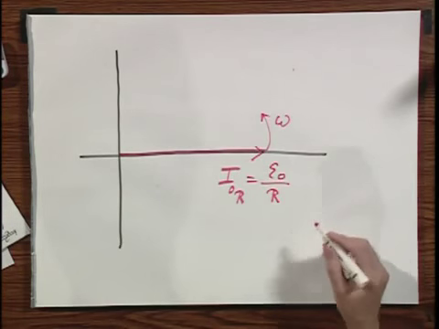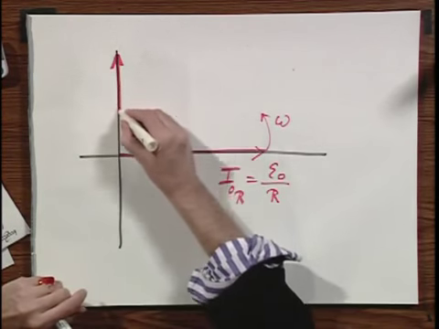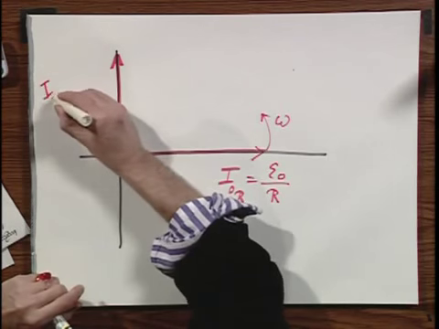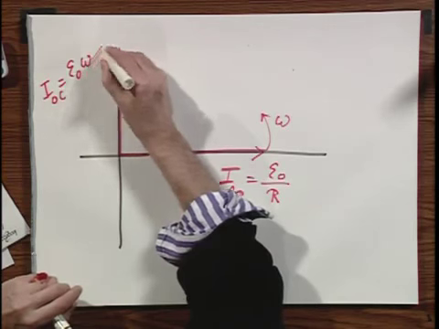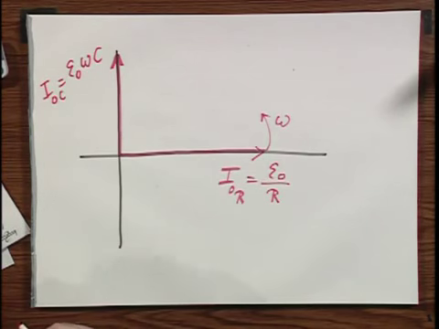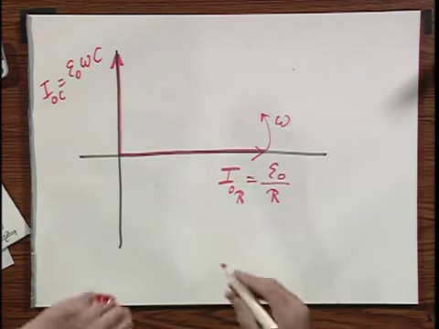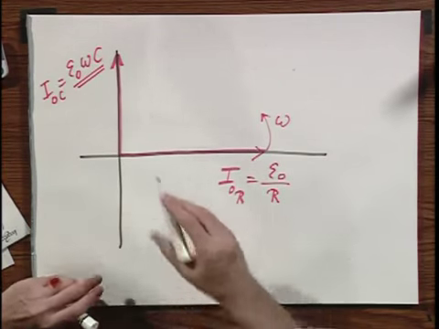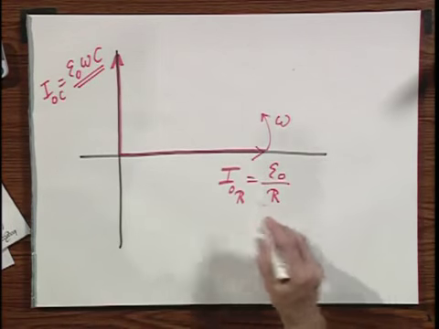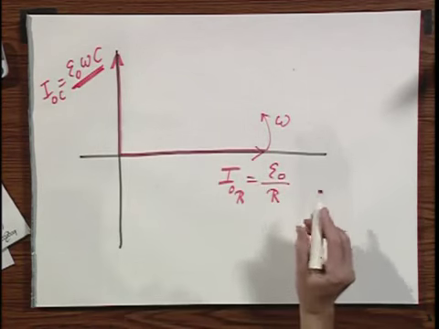Now I put here in the vector the amplitude current for the capacitor, which is E0 omega C. You can see that immediately from my previous text, if I can find my previous text. Oh, it's somewhere on the floor, so I can't find it, but if you go back, you will see that this was the amplitude of the current when I derived the currents from these differential equations.